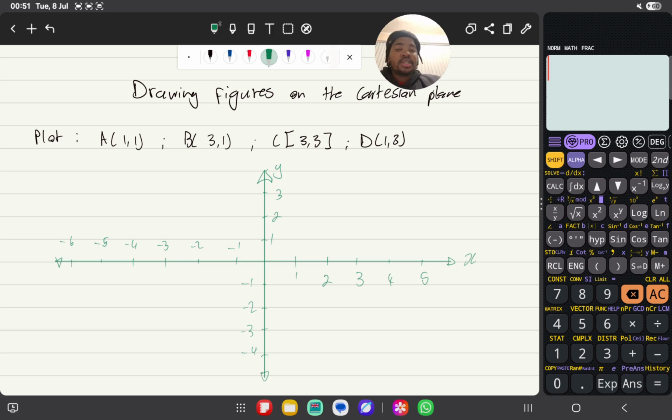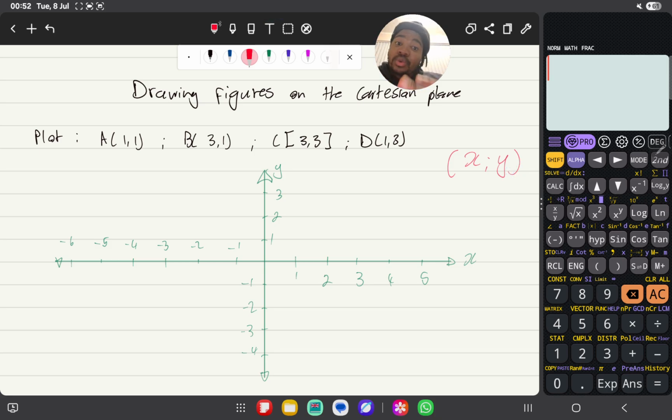So now I just want us to plot some of these points. Remember that the structure of your coordinates is always your x value followed by your y value.